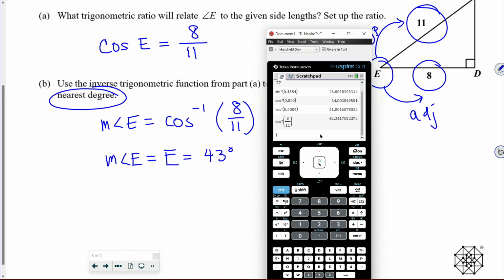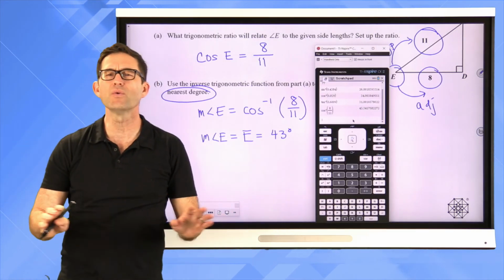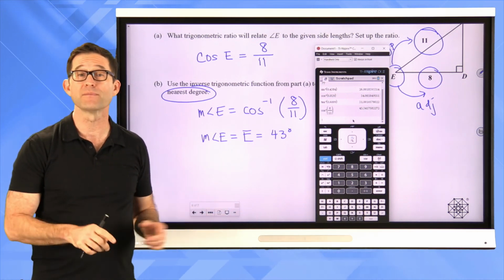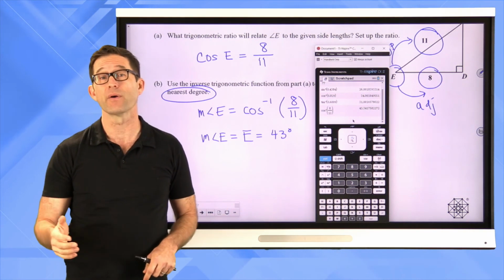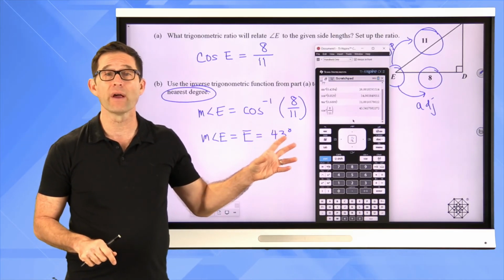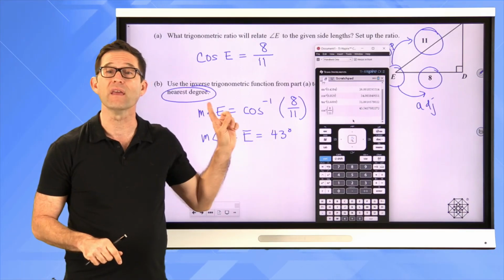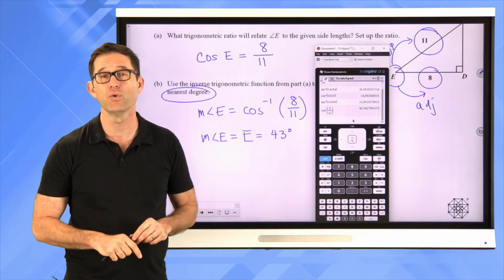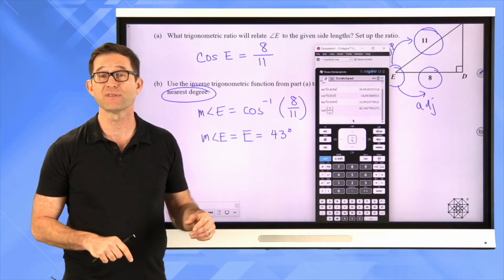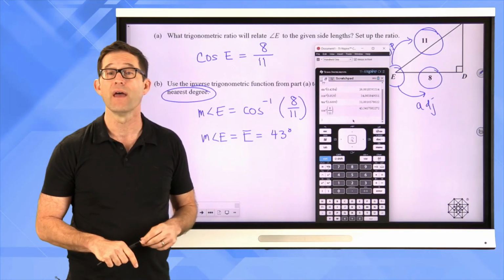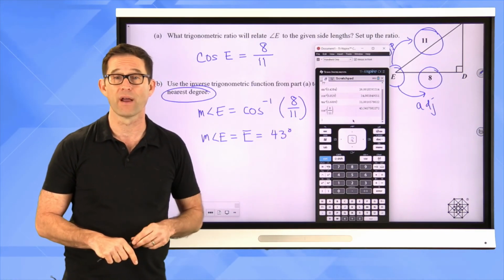How easy is that? So simple to figure out. And of course, it would make some of the problems that we did earlier in the lesson very easy. As long as we know two sides of any right triangle, we can use the inverse trig functions to come up with either of the two acute angle measures by just doing the inverse sine, the inverse cosine, or the inverse tangent, and then putting the ratio in there.